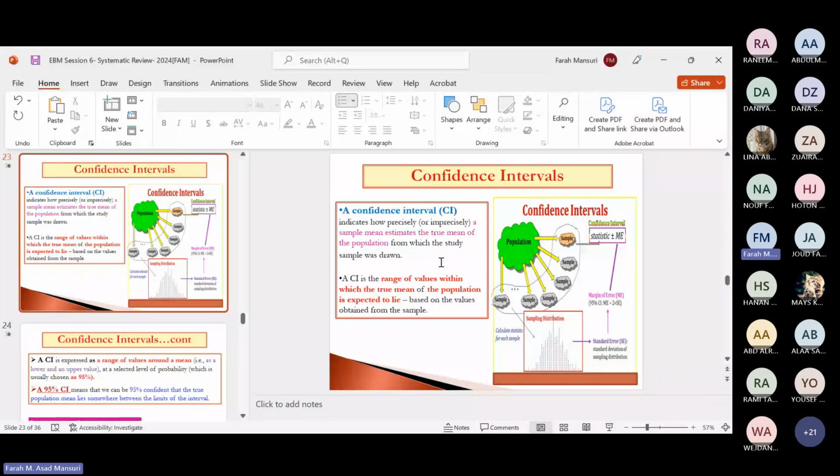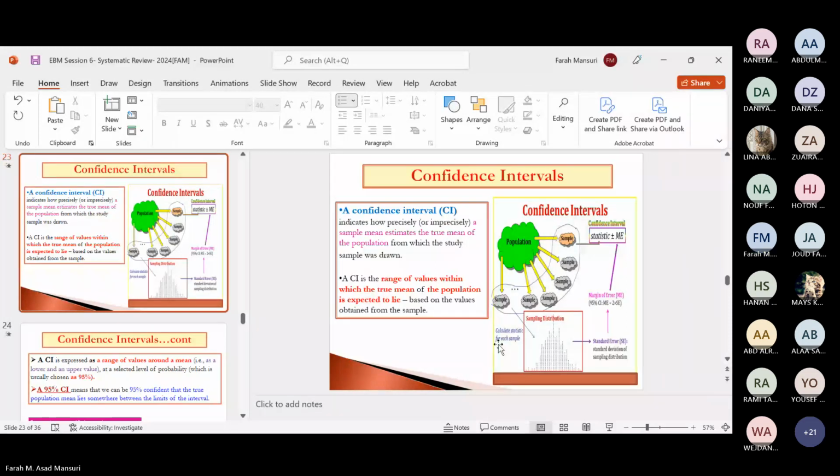And for the odds ratio and relative risk, if the confidence interval is capturing 1, that means it is not a significant one. It has to be either above 1 or less than 1 in order to be significant.